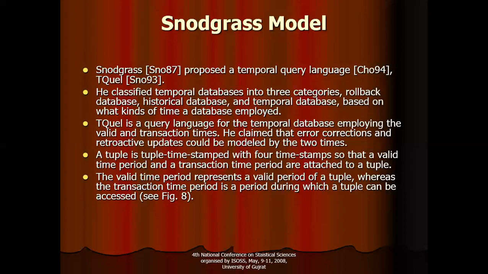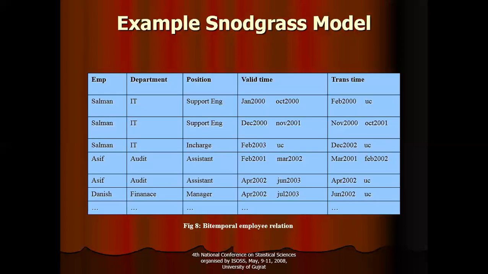A tuple is time stamped with 4 timestamps, so that a valid time period and a transaction time period are attached to the tuples. The valid time period represents the valid time period of the tuple. So he introduced both the times in the table, and he came out with this concept that we use the interval for valid time, and we use the interval for transaction time. Let's suppose we talk about an entity Salman. Here we have the valid interval as well as the transaction interval, and UC represents until changed.